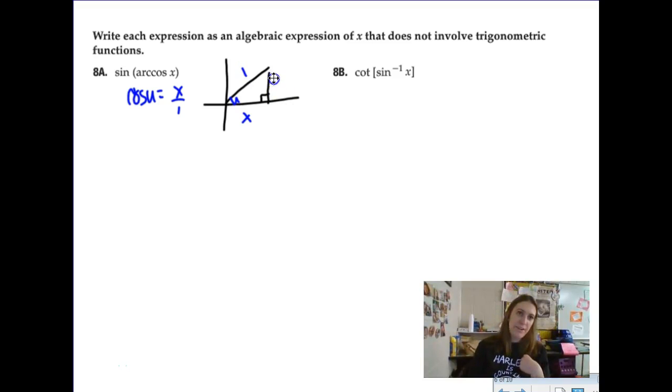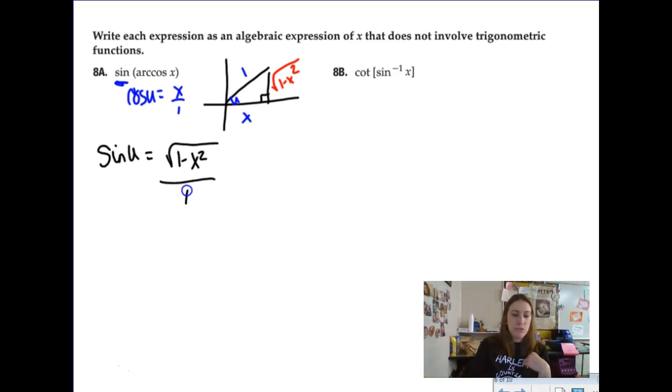And then doing a little Pythagorean theorem, this leg would end up being the square root of 1 squared minus x squared. I don't even know if I need that. Well, apparently I do, because I want the sine ratio for this angle. So the sine of this mysterious angle is the ratio opposite, or y, over hypotenuse. So basically, the sine ratio for that angle comes out to square root of 1 minus x squared.